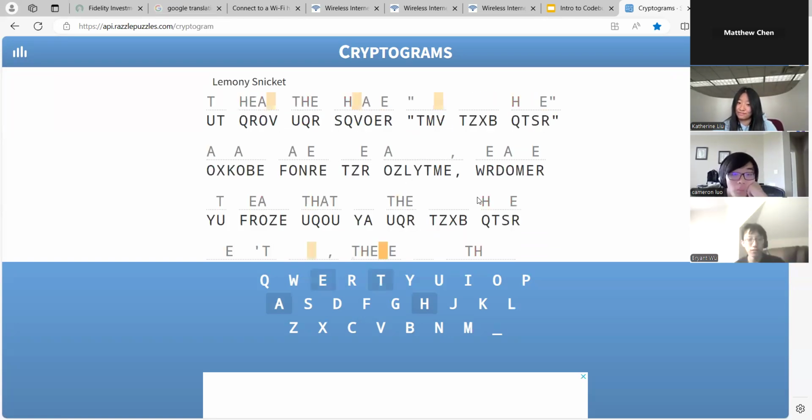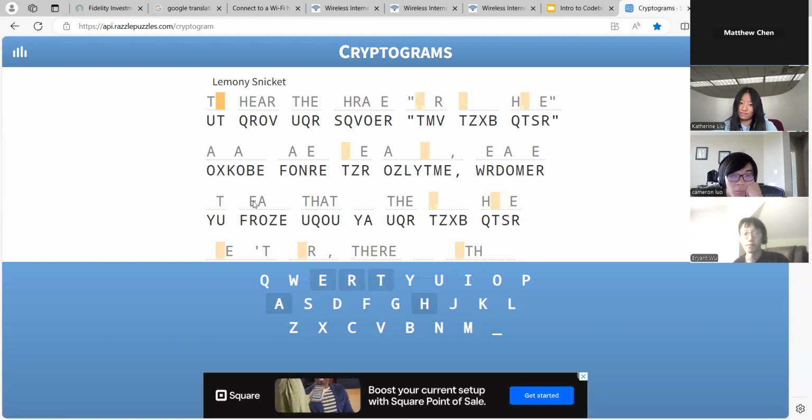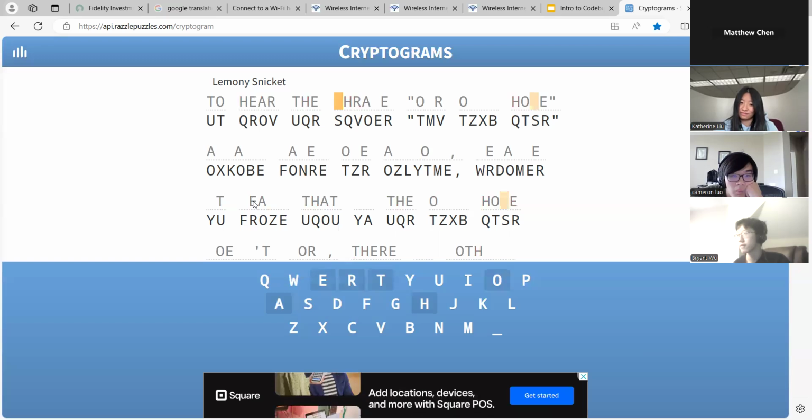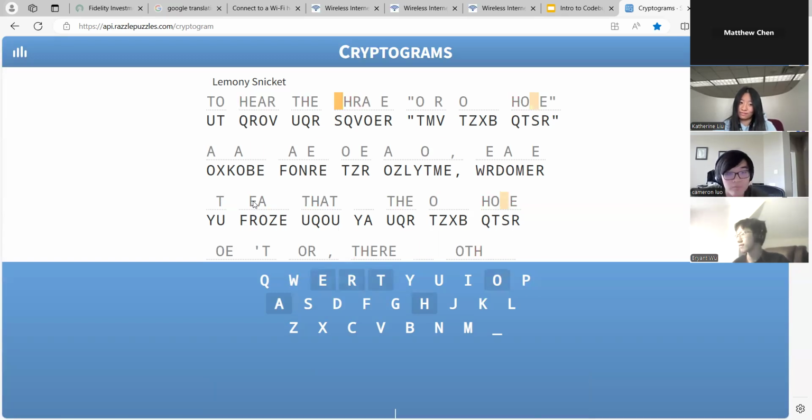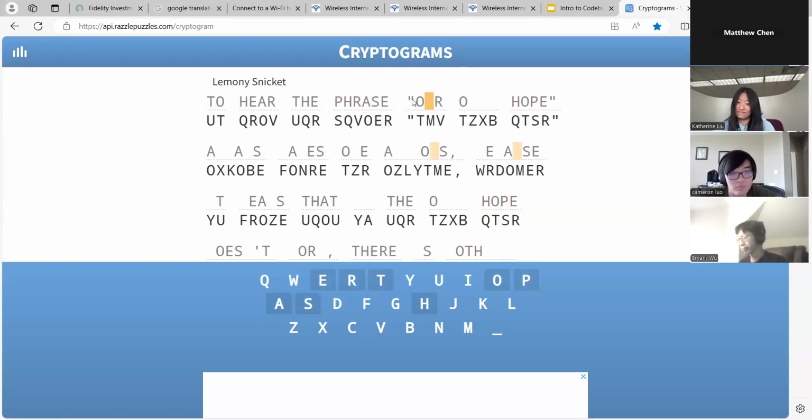This is either there or this, but since this is here, we use two. And then T, oh, the only two letter word starting with T is two. So then this is two. We can deduce this is phrase and this is R.